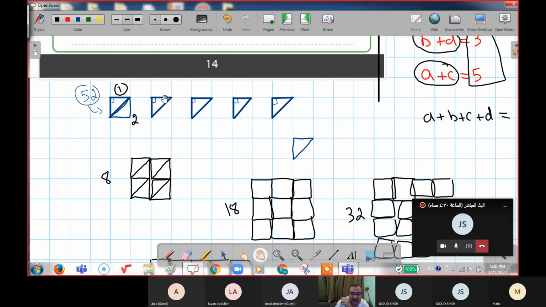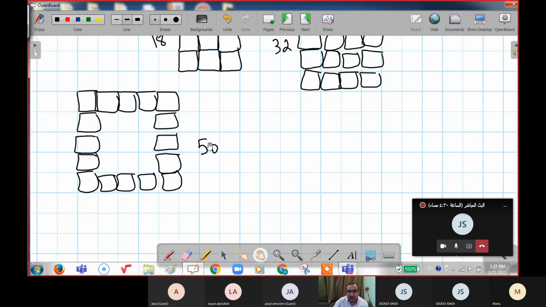Only with the side of the triangle. I did not draw a square with what? With the diagonal of the square, or we will call this one the hypotenuse. In the right triangle, we call this one the bigger side, the hypotenuse. So I can make a square like this.